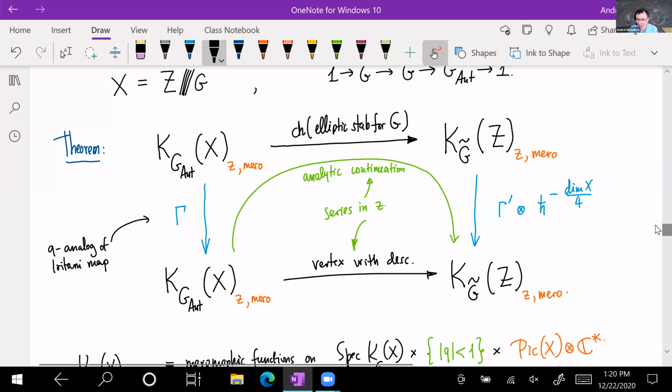So here you have to be a little careful what you mean by taking a Chern character. The Chern character will take some spaces of meromorphic functions, and then we think of things in elliptic classes as meromorphic functions that have some property, some automorphy as we change the variables by q.